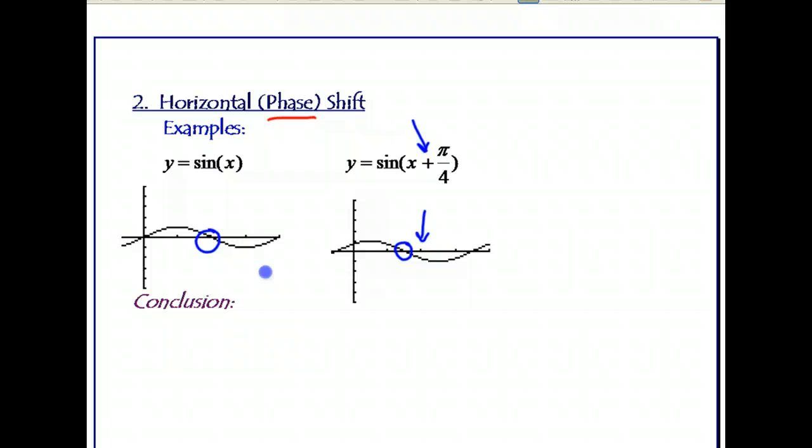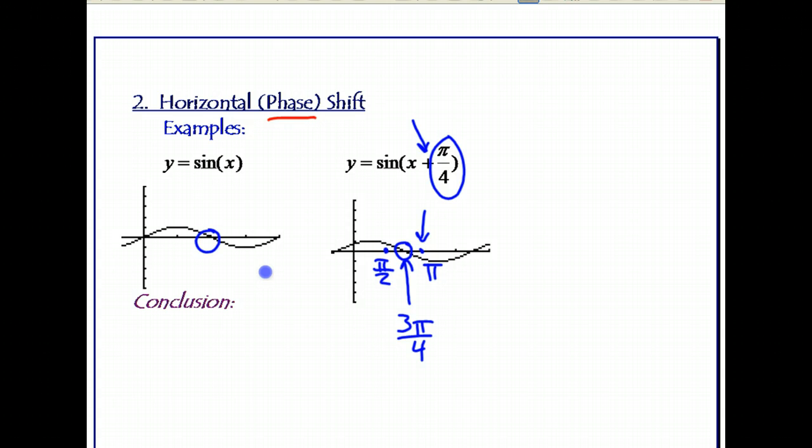And how much is it going to the left? Pi over 4. So what we had here was pi over 2 at this point, and we have pi at that point. So what's in between those two is where this now is crossing over, which is 3 pi over 4.